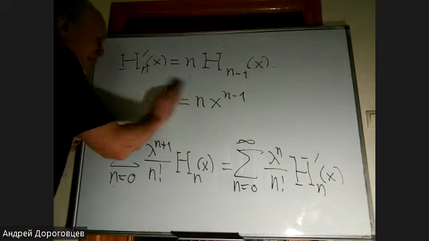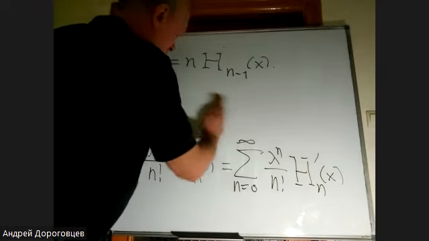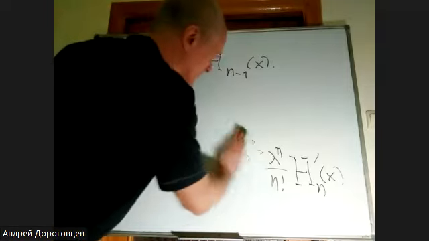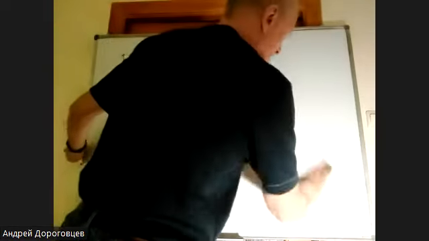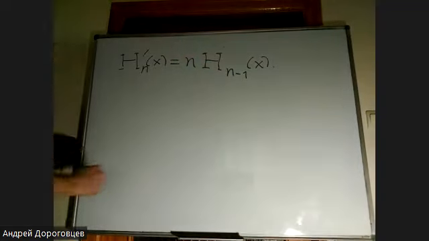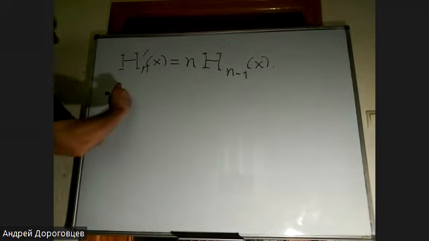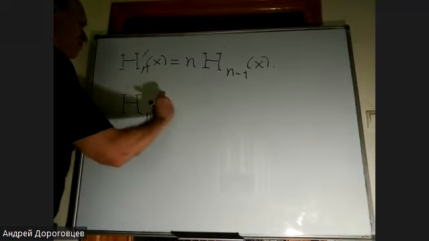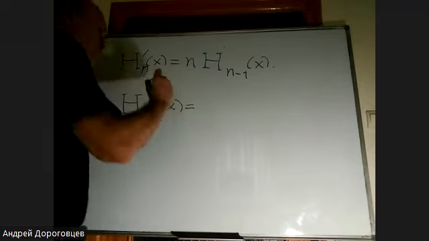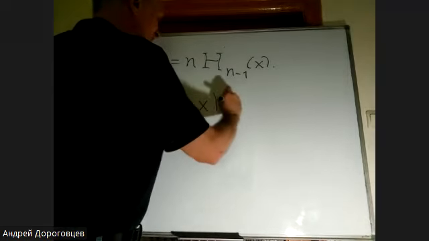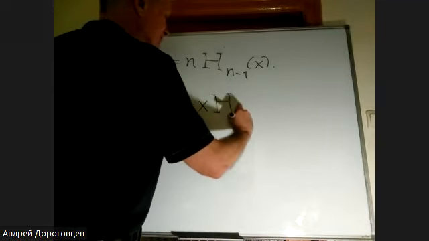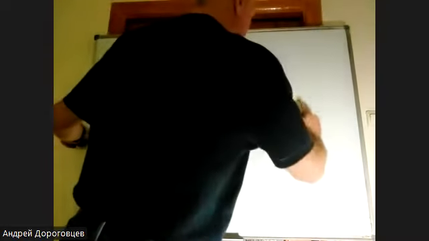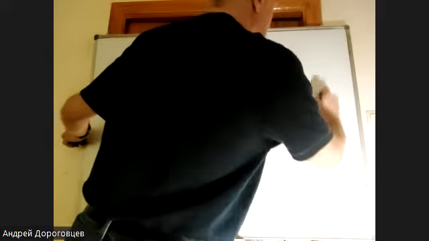Now let's go back to the recurrent formula for Hermite polynomials. Now we can continue. You remember that we get the following: H_{n+1}(x) is equal to x H_n(x) minus H_n'(x).